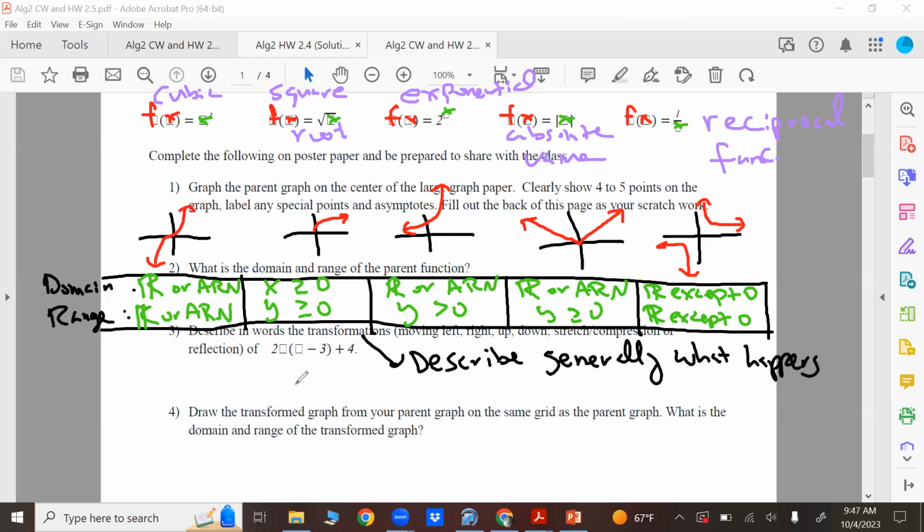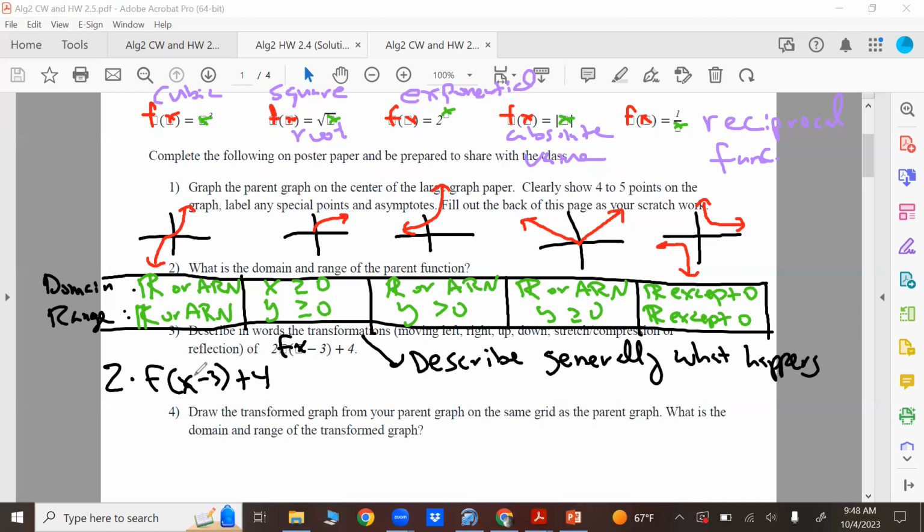I'm a little confused why it's written this way. Give me 1 sec. Oh, I got it. So it's going to look like this: 2 times f of x minus 3, plus 4. There we go. It's a little confusing at first.